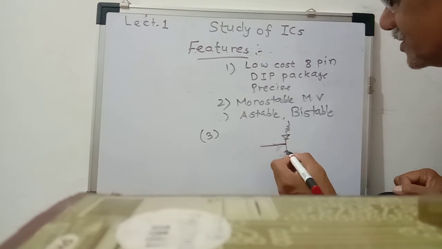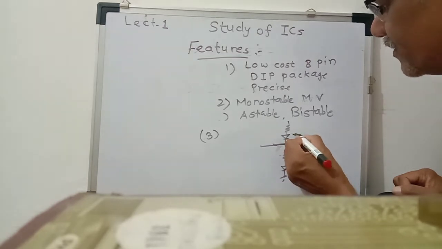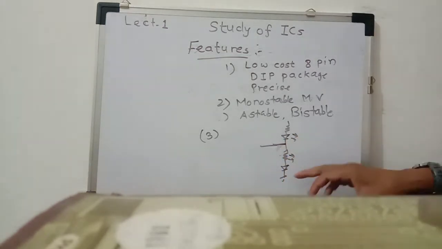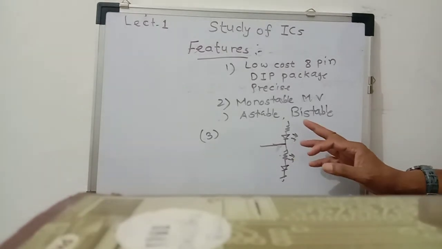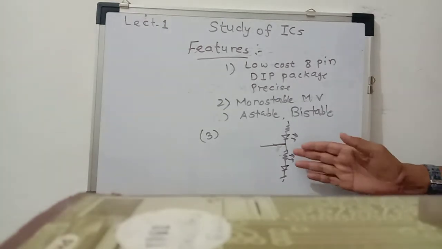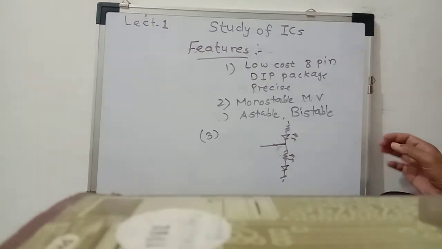When one LED is on, the other LED remains off, and when the first LED is off, then the second LED will be on.